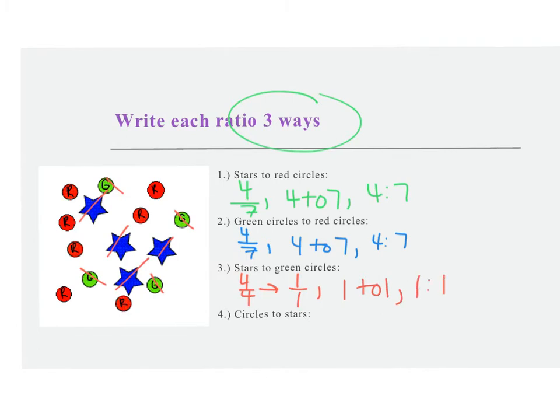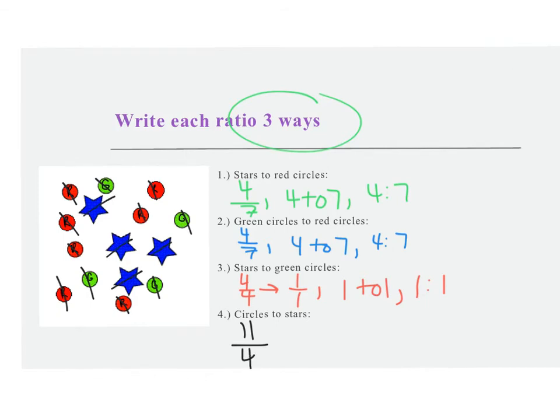And then lastly, we are doing circles to stars. For this one, they're not being very specific about what color circle, so we are going to look at all of the circles. 1, 2, 3, 4, 5, 6, 7, 8, 9, 10, 11. We have 11 circles and 1, 2, 3, 4 stars.